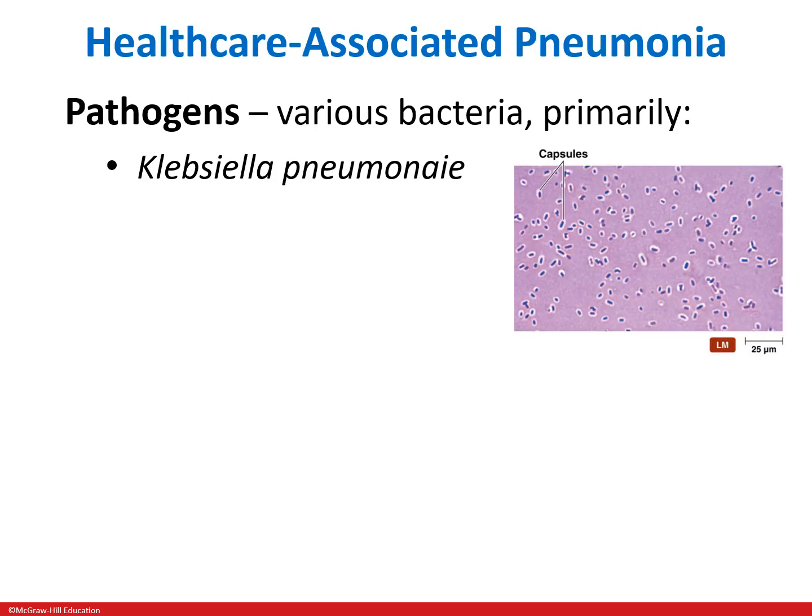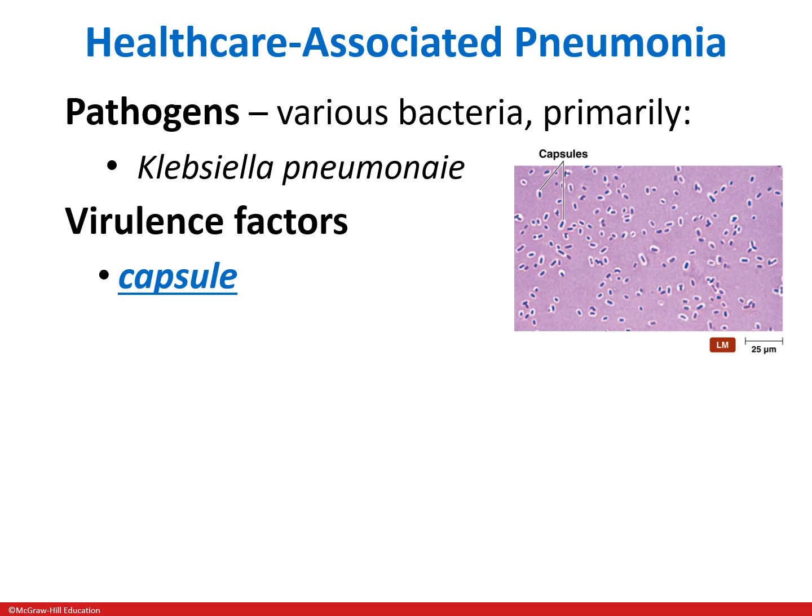Then we have a group of bacterial pneumonias that your textbook lumps together as healthcare associated pneumonias, but they've just briefly mentioned it, so we're going to talk a little bit more about each of these. So Klebsiella pneumonia is the primary nosocomial form of bacterial pneumonia, and this one has a very thick capsule, which is really all the virulence factor that it needs to survive, but it's also a gram-negative bacteria, which produces endotoxin again.